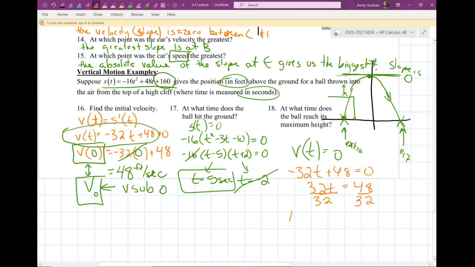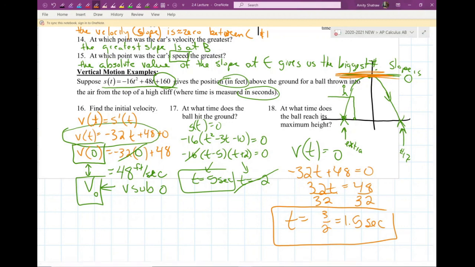And by the way, t equals 3/2, which is 1.5 seconds. That is the time at which the ball reaches its maximum height. It's the top of that parabola, which can be found by setting that slope equal to 0. Now, this is the first time you're seeing this, but I guarantee you we're about to do it about 1 million more times, so you will get more familiar with that step.